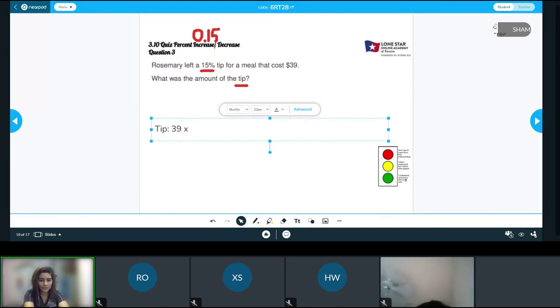Tip is 15%, so 0.15. And you can multiply. How much did you guys get? $5.85. Absolutely correct.